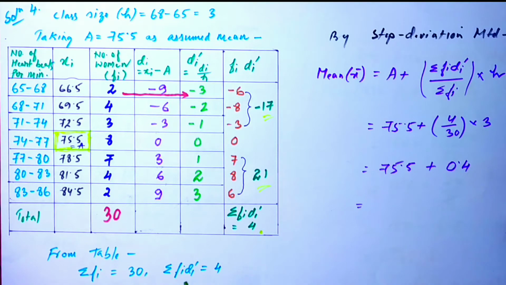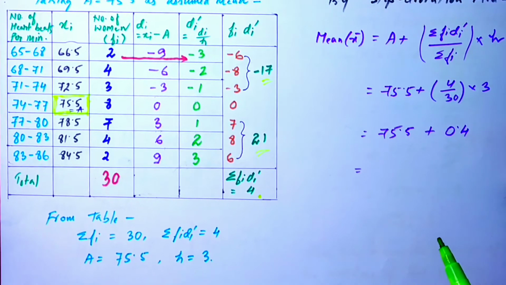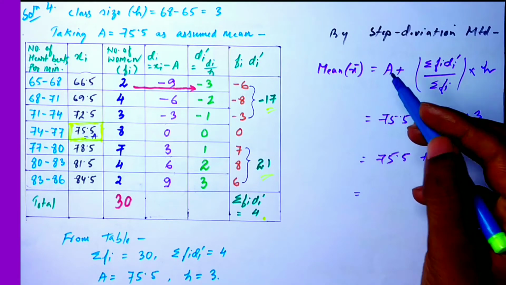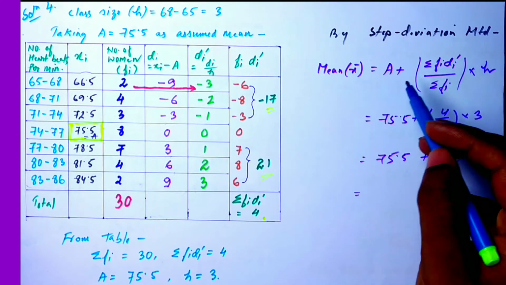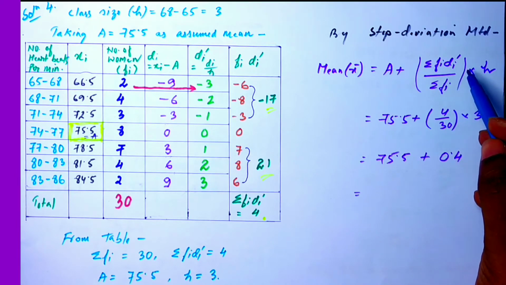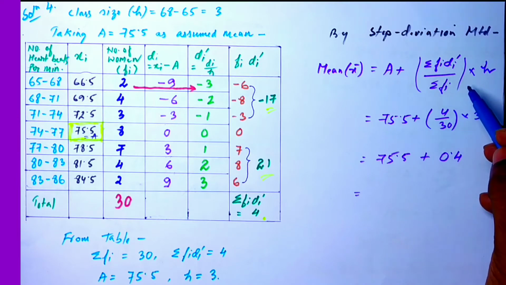From table we have summation Fi equal to 30, summation FiDi dash equal to 4, A equal to 75.5, h equal to 3. So by step deviation method we have mean equal to A plus summation FiDi dash by summation Fi into h.